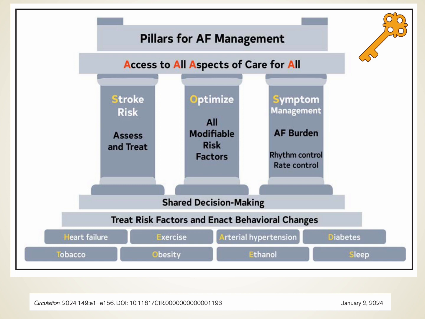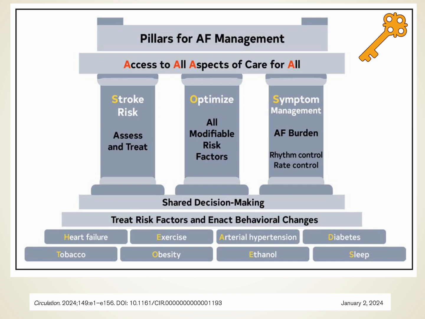So tobacco cessation, obesity management, limited ethanol, appropriate sleep and sleep hygiene, evaluating heart failure as a comorbidity that's concerning for AFib and risk for AFib, folks who have adequate exercise, folks who have hypertension, and folks who have diabetes. So really managing all those factors in and of themselves.